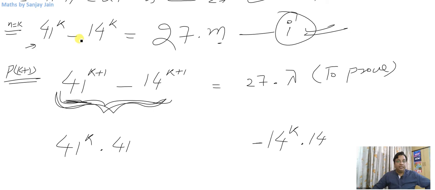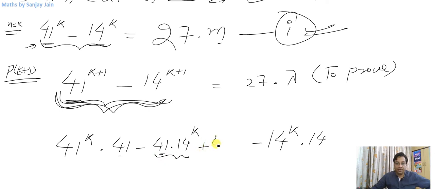So what I need here is 41 raised to power k minus 14 raised to power k. So if I write minus 41 into 14 raised to power k here, now if I take 41 common, I'll have exactly the same expression here. So I have subtracted this and I'll have to add the same thing to keep the expression same. Now this is exactly the same expression which was on the left hand side of p of k.